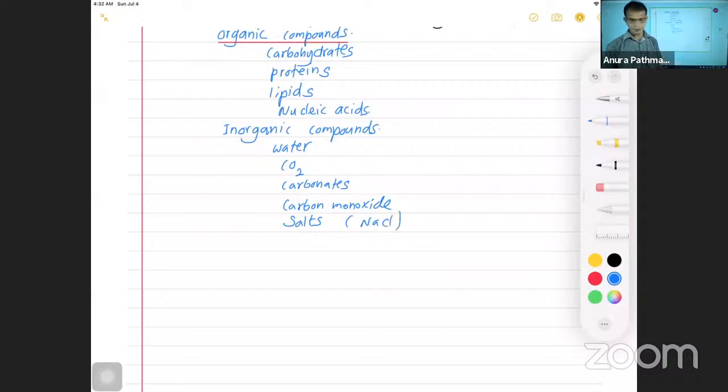They are inorganic compounds. And there is a unit that we want to study about the organic compounds and the inorganic compounds.